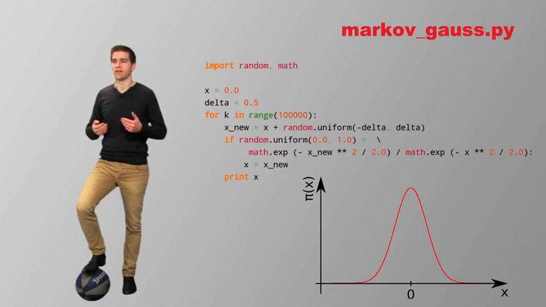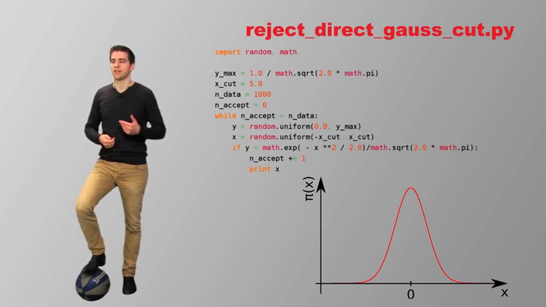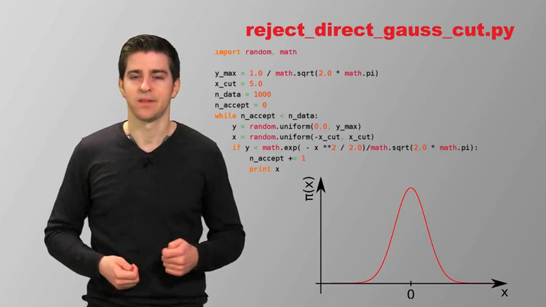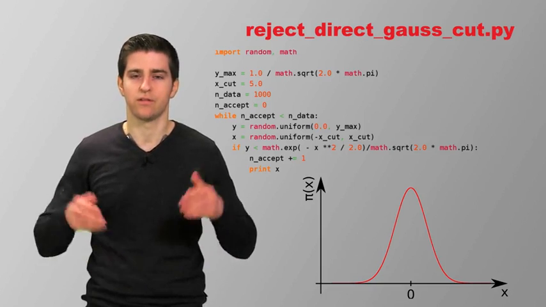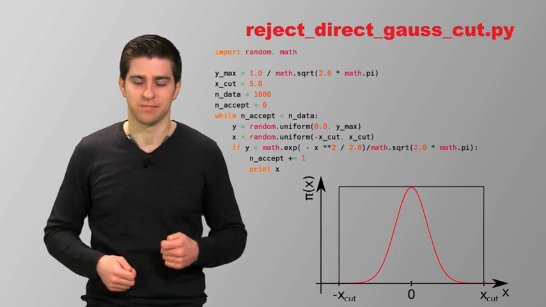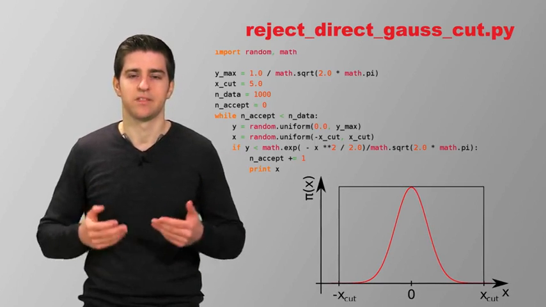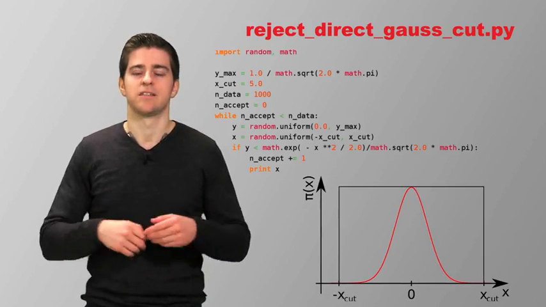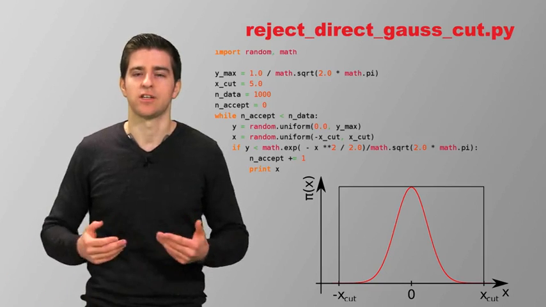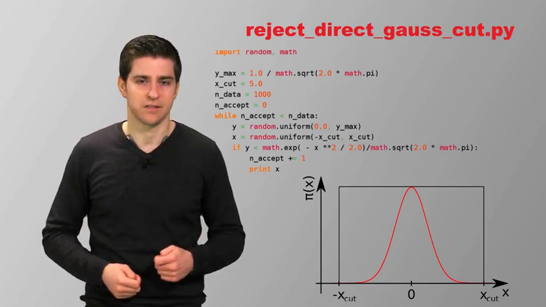Furthermore, you will find the program rejectDirectGaussCut.py. Note that it has the word cut in its name, as we have to cut off the tails of the distribution at -x cut and x cut. In this example, this was not a problem, as the distribution is suppressed exponentially for large absolute values of x.